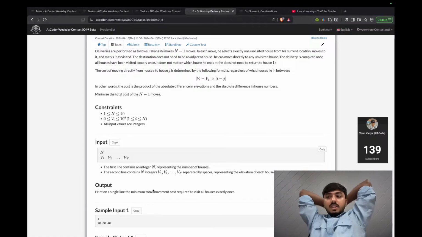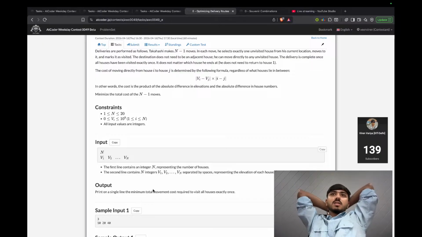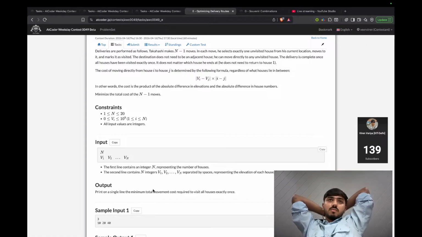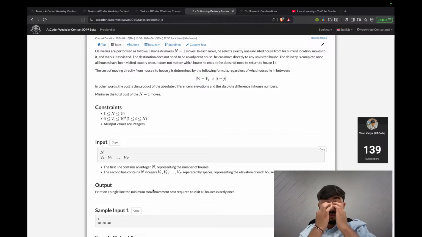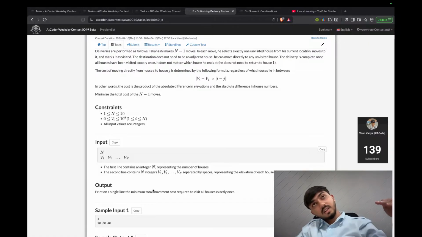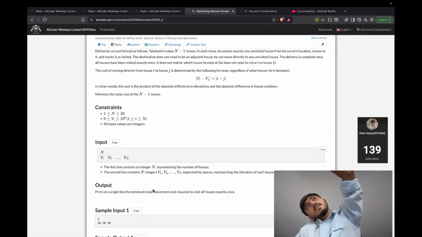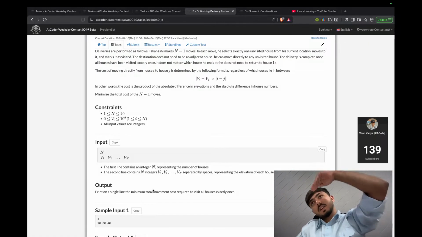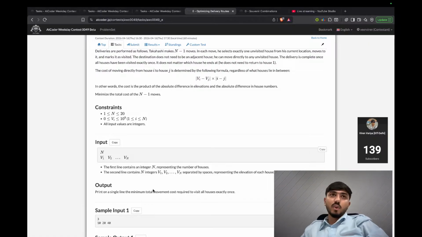Because here we don't have a choice, actually, we have options. It's not like we visit or we leave. It's like from here we'll go here, from here we'll go here. It's like a permutation.